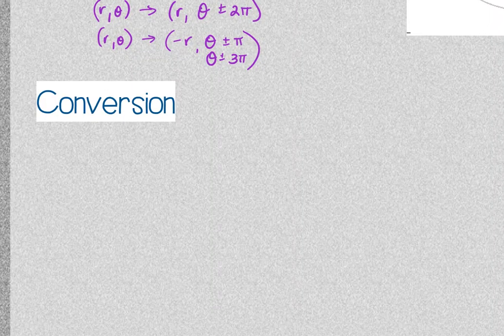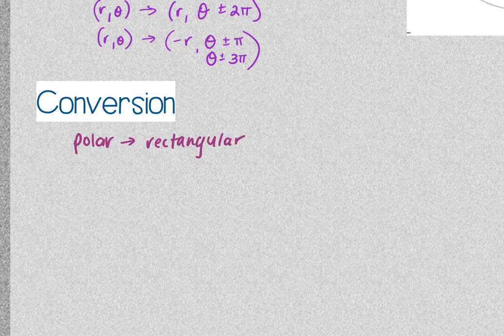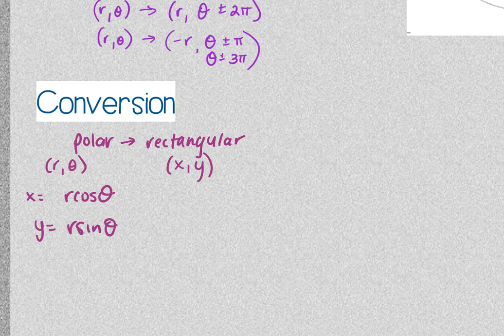Okay, then came the conversion from polar to rectangular and rectangular to polar. So if you start rectangular, actually let's start polar. I think we did it in that order. If we start polar and we go to rectangular, which means I'm starting with r theta and I'm going to xy, then for the ones without a calculator, you use r cosine theta for the x and r sine theta for the y.